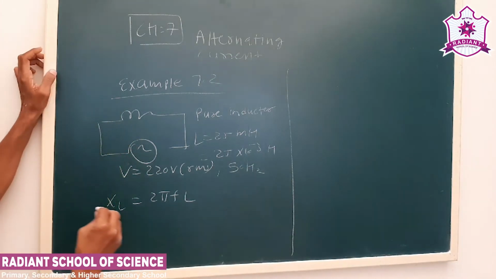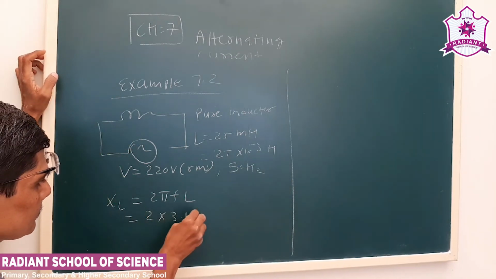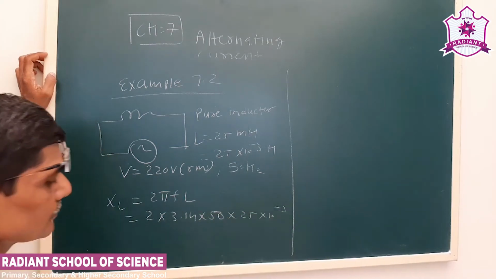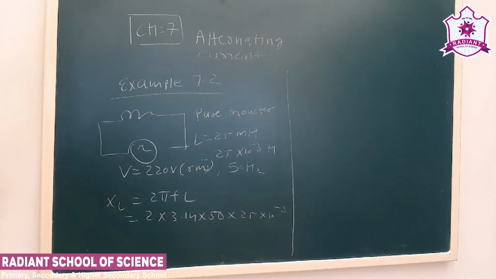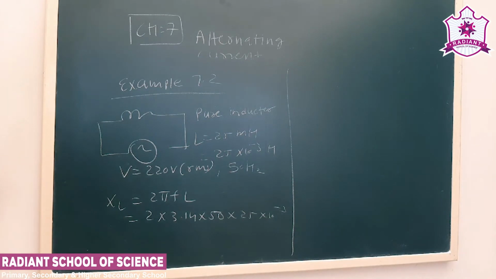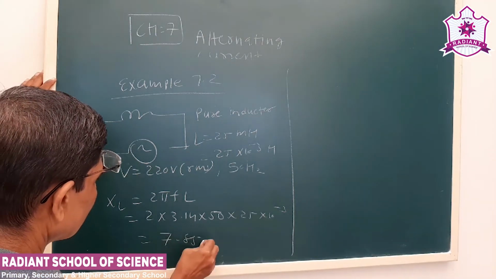Now we can calculate the XL value, XL is the inductive reactance, that is 7.85 ohm.